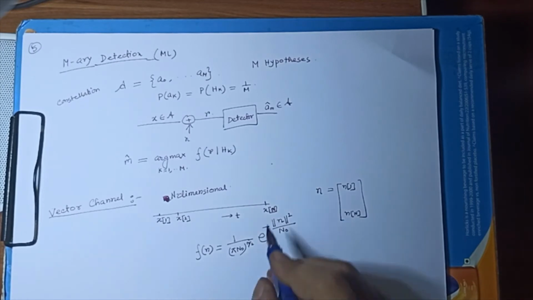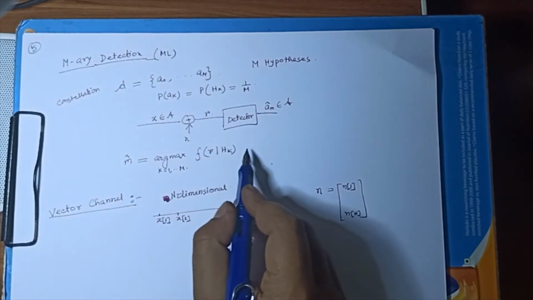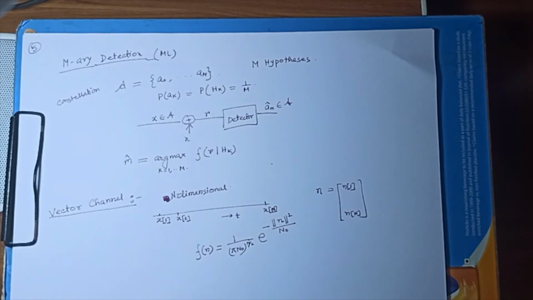This is basically the sum of squares of all the terms, isn't it? So this is what the noise is. Now I will apply our maximum a posteriori or maximum likelihood problem. I'm working only on ML right now, but MAP is similar. Only you have to multiply with the prior probability.